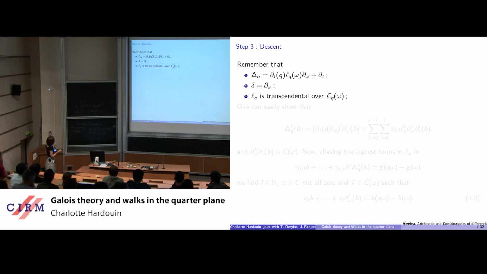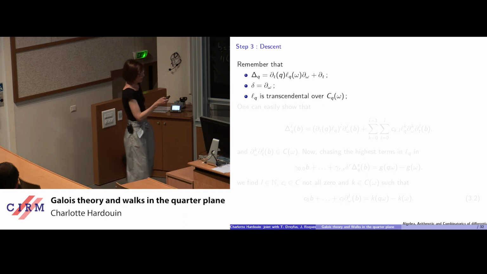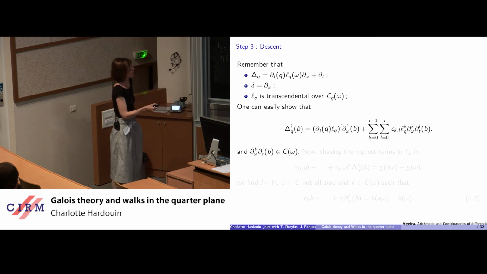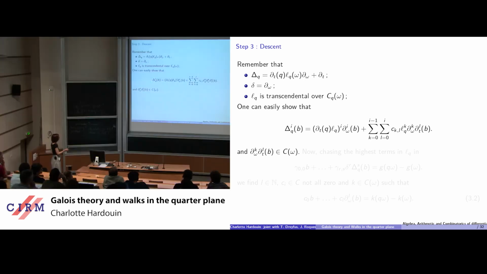So I will just detail the descent a bit, it's a little bit more technical. So remember that my derivation, big delta, is as follows. And I just showed you at the beginning of my talk that LQ is transcendental over CQ of omega. So now we can easily show that since B is a rational fraction, if you derive with respect to big delta i times, then the highest term in LQ is this.